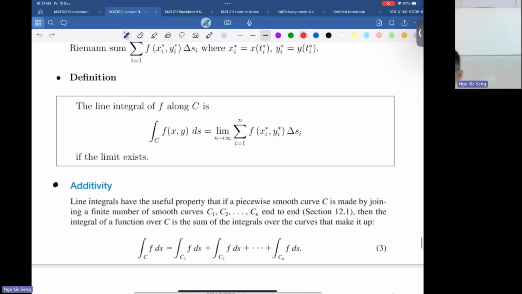There's one very useful property of this line integral here. There's one very important property here.